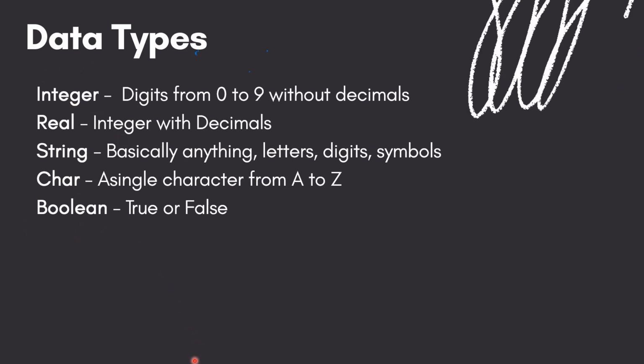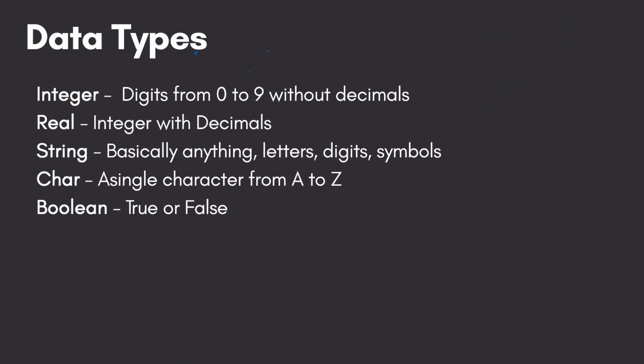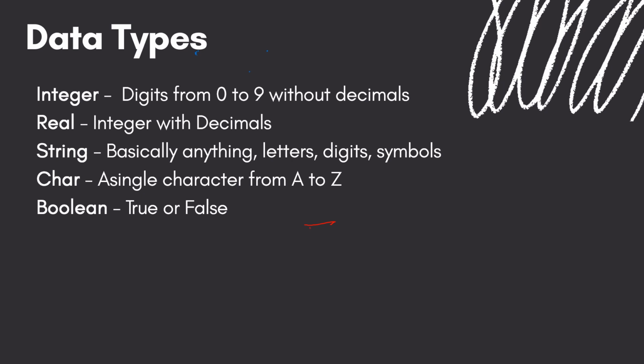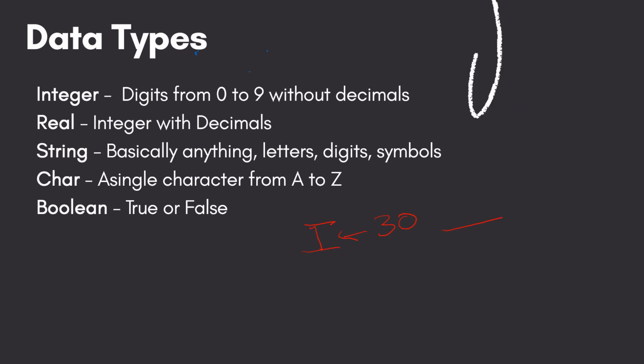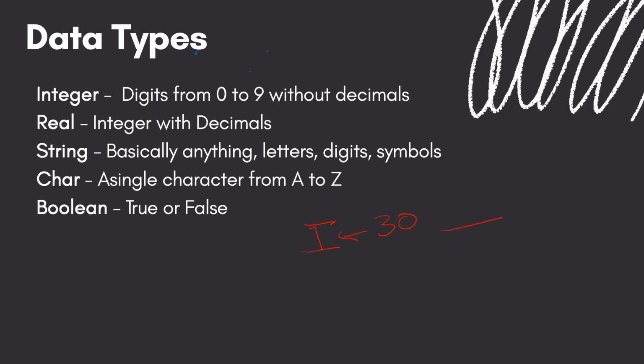For example, they will say that a variable I stores 30 in it. Now identify which type of data is I. We can identify from the definition that digits from 0 to 9 without decimal is integer. So we'll write down integer as its answer. This is how it works.